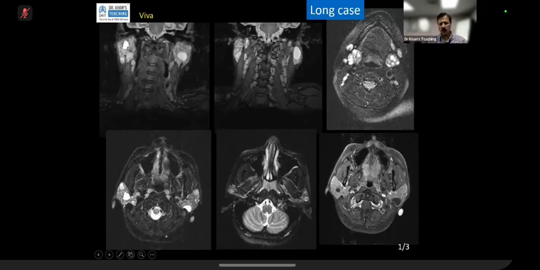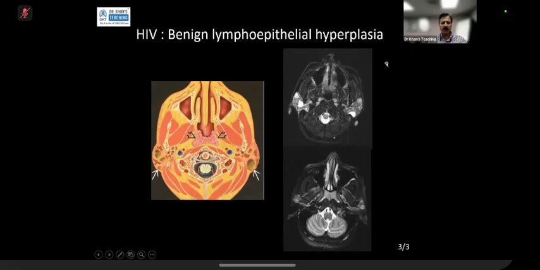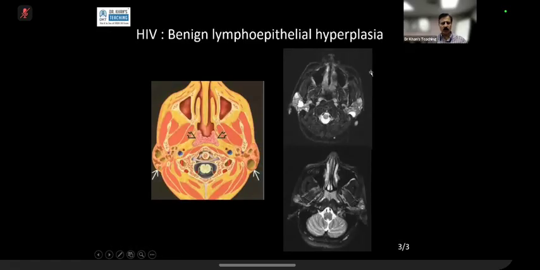I've seen two cases. If you see literature, usually it will tell you that in benign lymphoepithelial hyperplasia, there are cysts in the parotid gland. But in my collection, there are two cases in which I've seen cyst in the submandibular also with this. So you have to know this condition, benign lymphoepithelial hyperplasia.